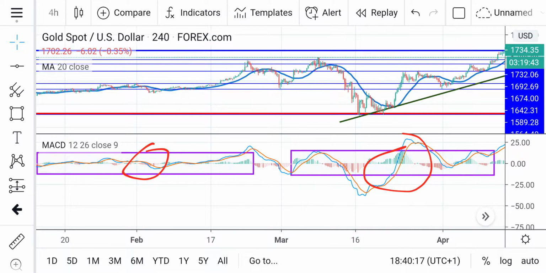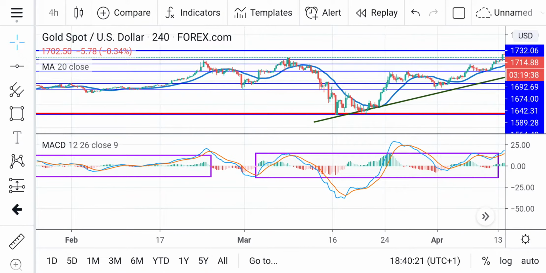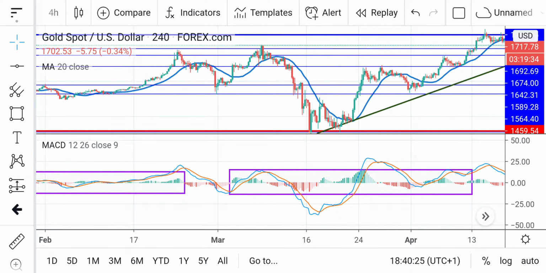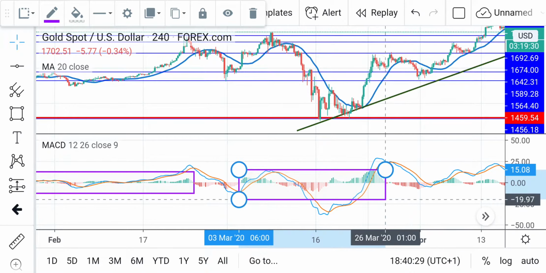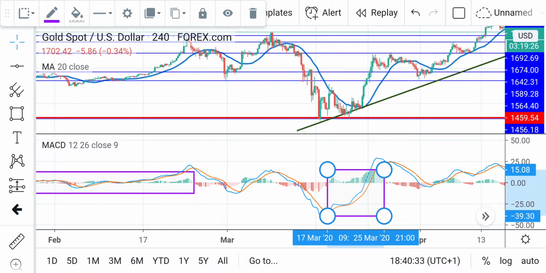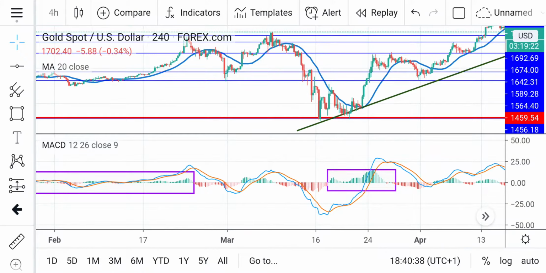Remember that I told you that the green histograms are indicating that the market is bullish, that prices are going up. So let's use this box of a green histogram as an example. You can see it over here. This box actually starts from here to here.